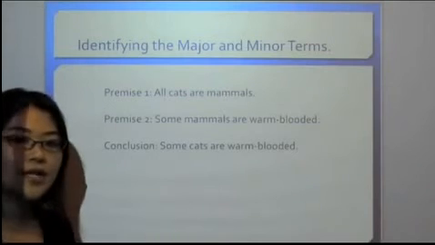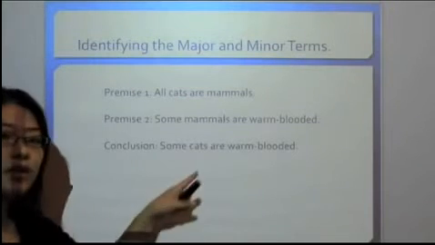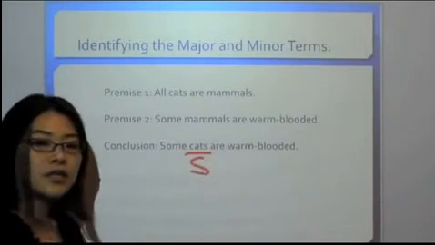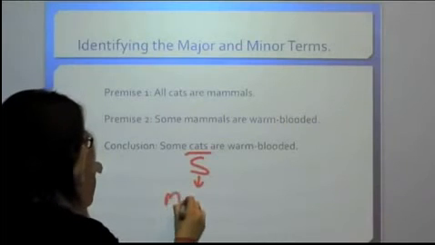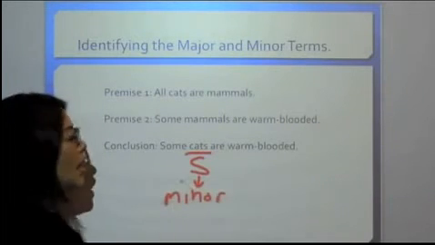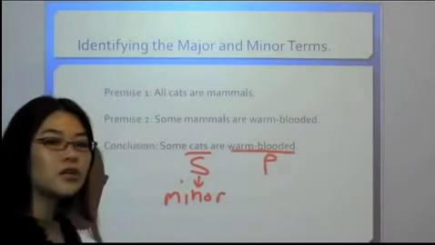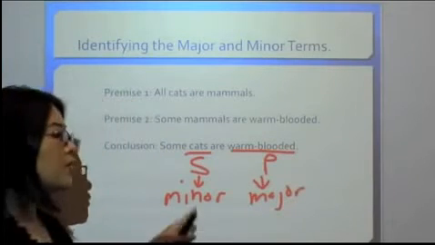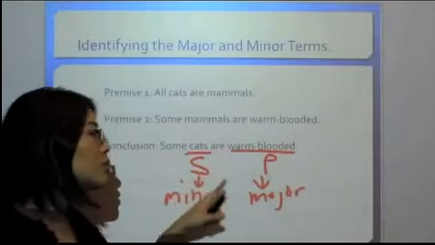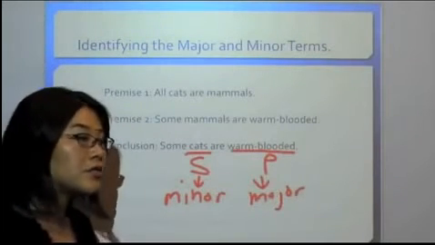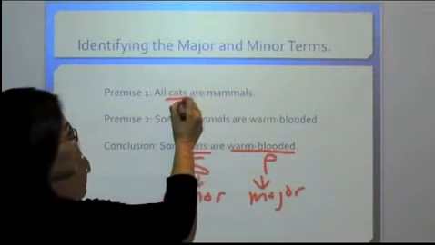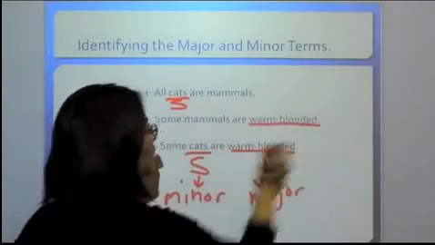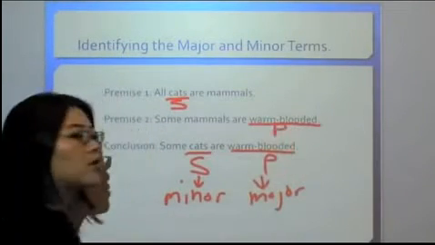So what we want to do is first identify the major and minor terms, and we do so by looking at the conclusion. Remember, it is the subject term of the conclusion that is the minor term, and it is the predicate term of the conclusion that will be the major term. Because we now know that cats is the minor term and warm-blooded animals is the major term, we know that cat is the minor term here, and warm-blooded animals is the major term here.